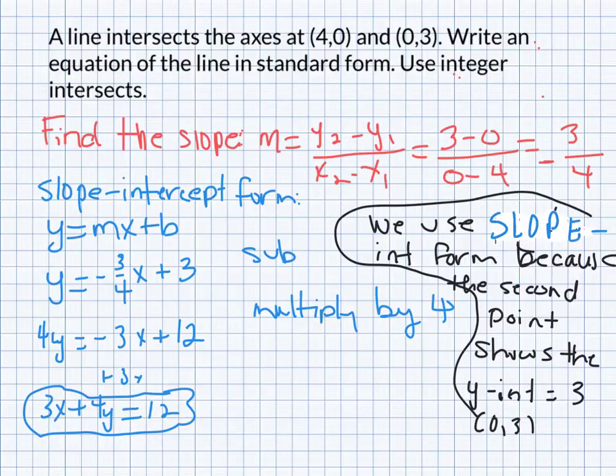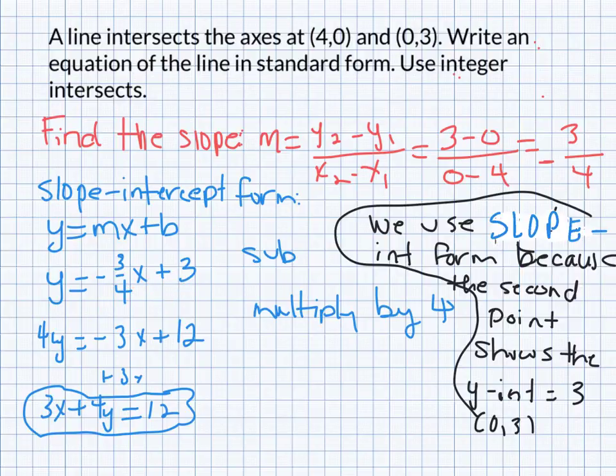Here we know that the y-intercept is 3. So we're going to use the slope-intercept form. It's a little confusing. That formula is y equals mx plus b. When I plug in all my numbers, here's our slope, that was m, that's y equals negative 3 over 4 x plus 3.